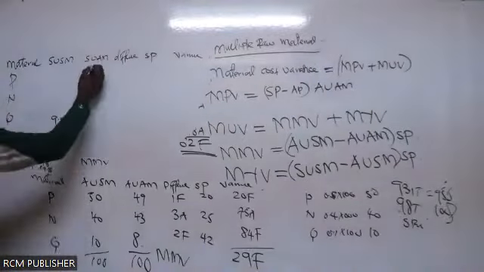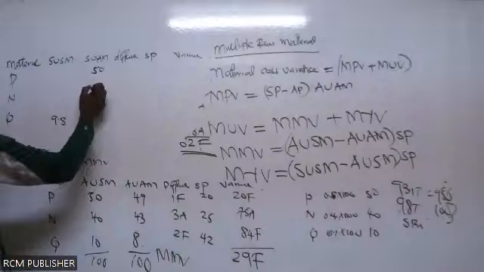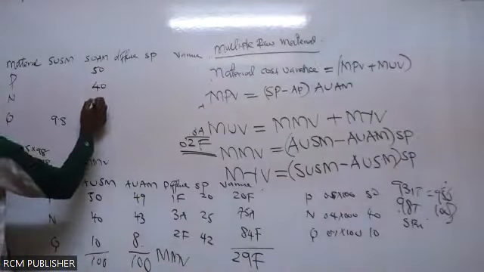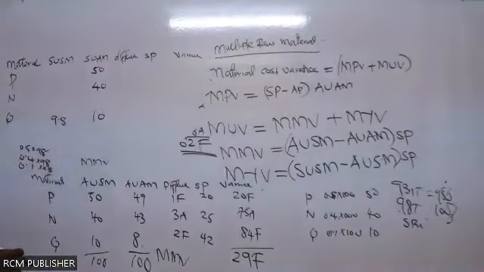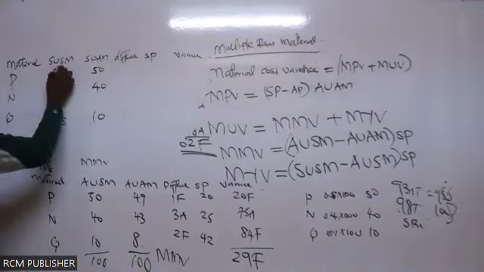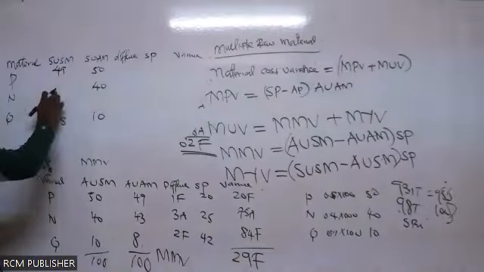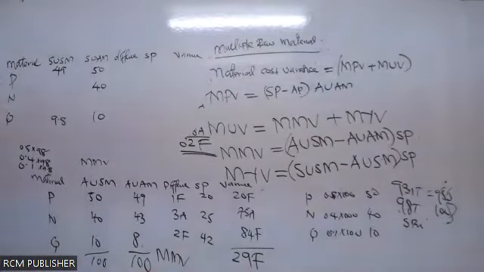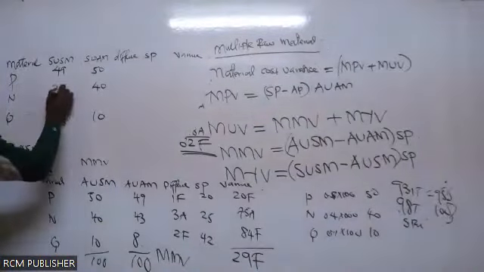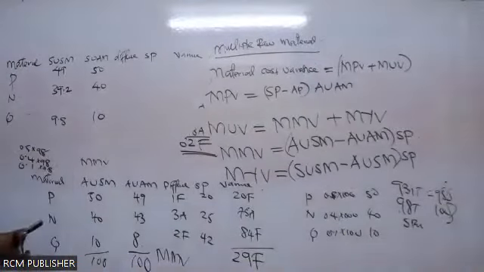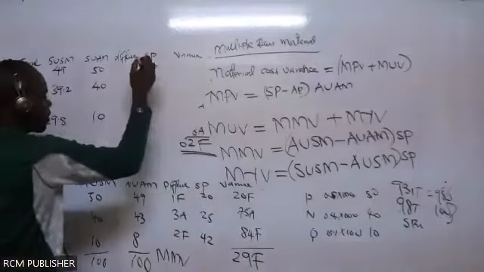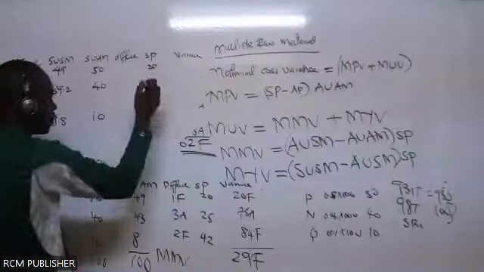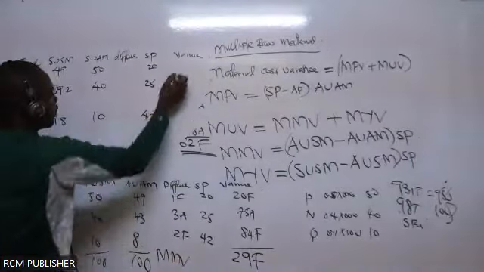This one here, 50, 40, 10. I'm told P is 49. And N is 39.2. So get the difference, then you take the standard price, 20, 25, 42. Then you get the variance.